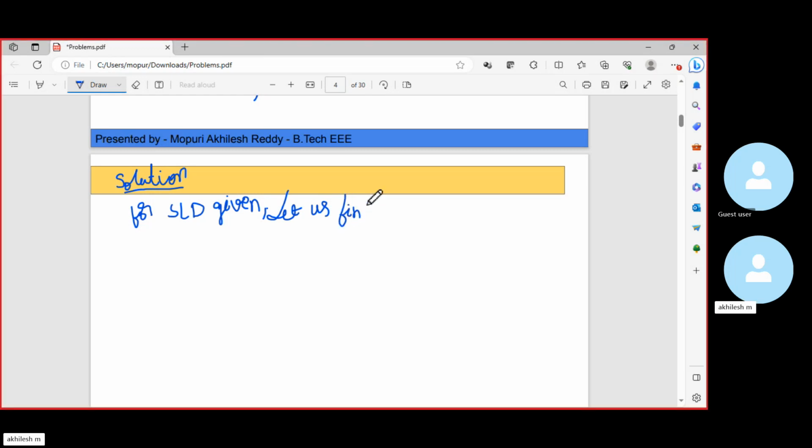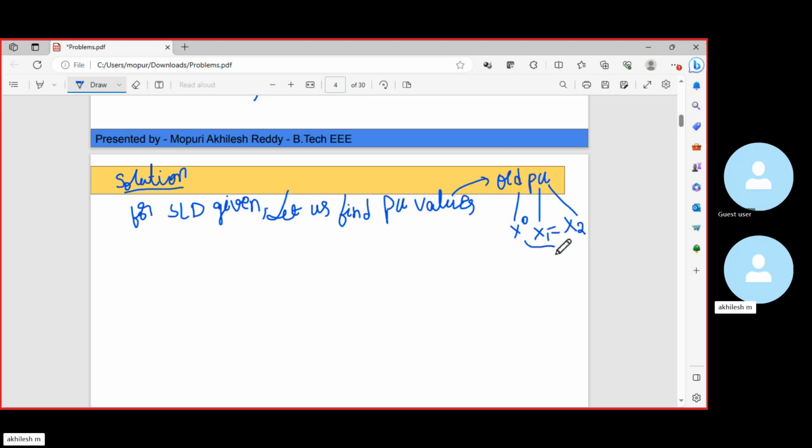If we want to find per unit values, we need the old per unit values. In the given question, they have given three values: X0, the zero sequence value, X1, the positive sequence, and X2, the negative sequence. But if we observe, X1 and X2 are equal.